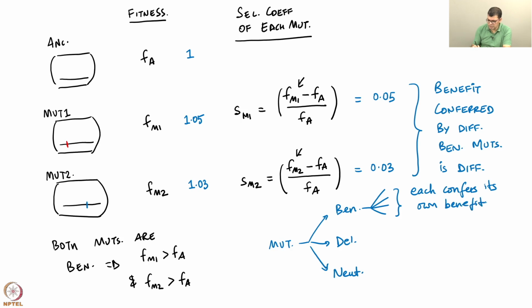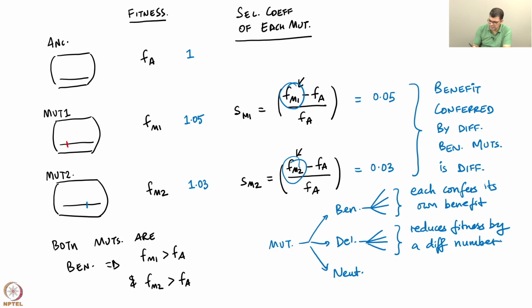And the same discussion can be had for deleterious mutations, where the only difference will be that now in the case of deleterious mutation, FM1 is less than FA, FM2 is also less than FA. Each deleterious mutation reduces fitness by a different number.